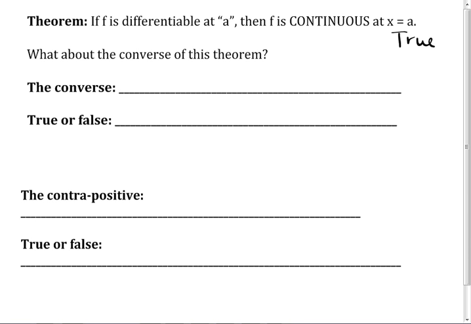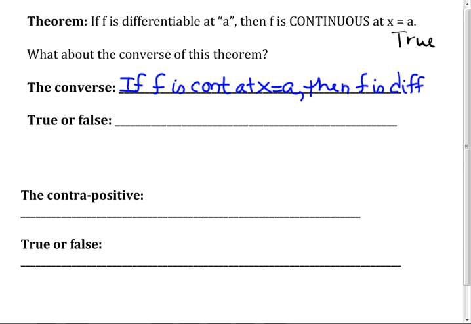Okay. So I'm going to reverse it. If a function is continuous at x equals a, and I reverse the if and then, what's my conclusion? Then f is differentiable.